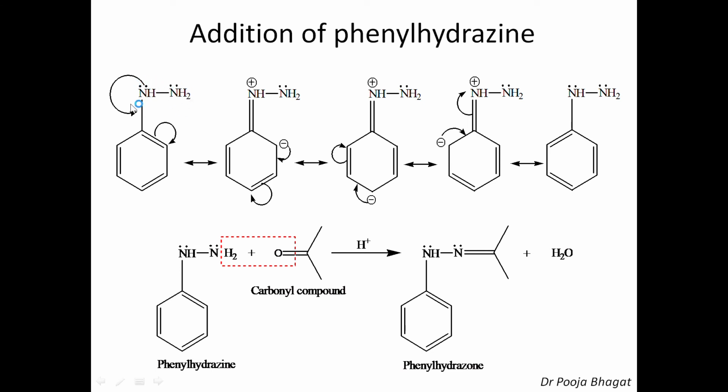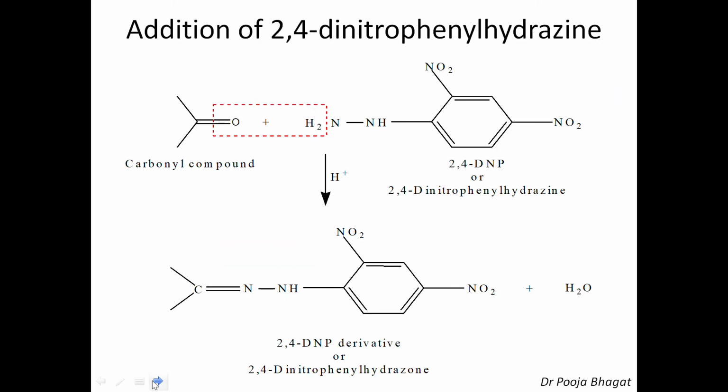The difference is that in 2,4-DNP, at the ortho and para positions, or the second and fourth positions, you have nitro groups.